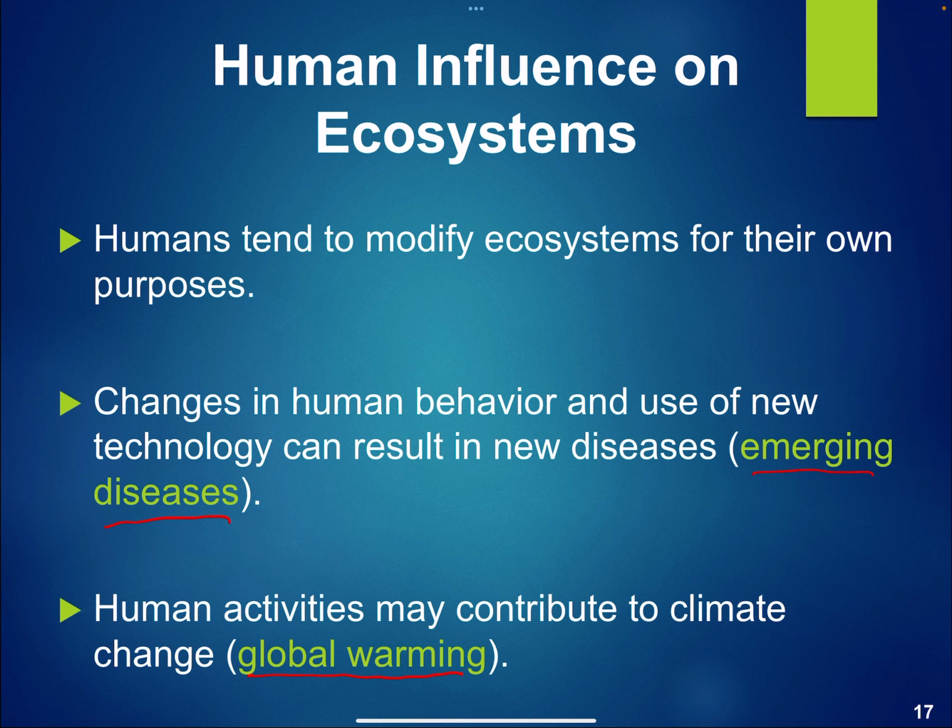Some people are going to argue that this is not true. It's only cyclic and it has always happened in the environment. Well, some of it is true, some of it is not true, right? We have never been, in the history of the universe, at a time where we have produced this much carbon dioxide. Anyway, let me close that parenthesis.